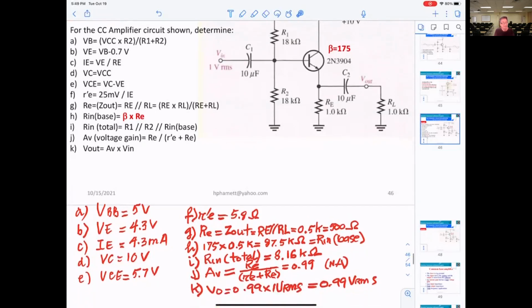However, if you need an amplifier with a high input impedance, you can use common collector. That means you don't care about the gain. After we did the calculation, the gain for this one is almost equal to 1.